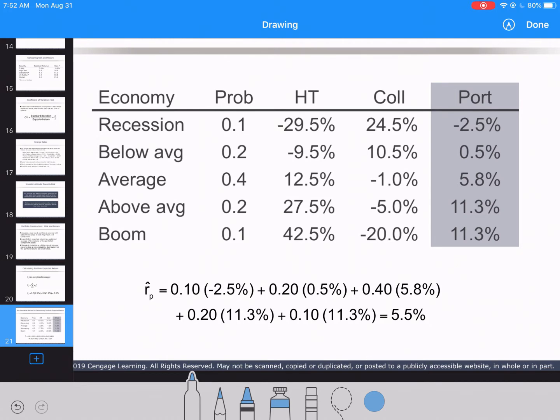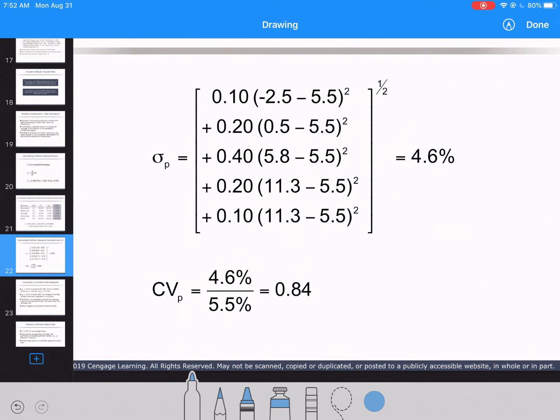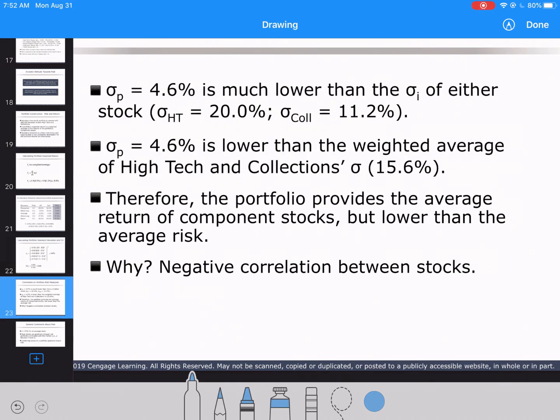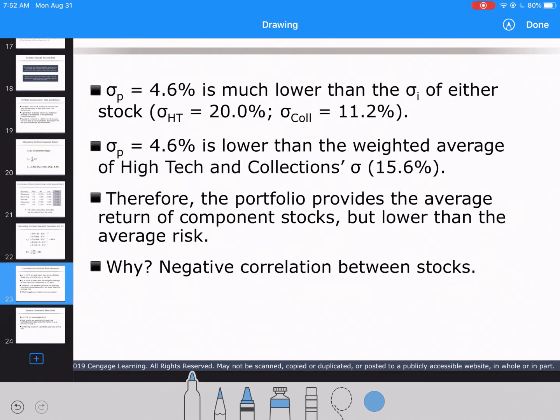And we see that this is exactly the same way we created the portfolio return of 5.5%. We are not going to do the standard deviations and coefficients of variation, but you see that by the way, there are negative correlations between stocks.